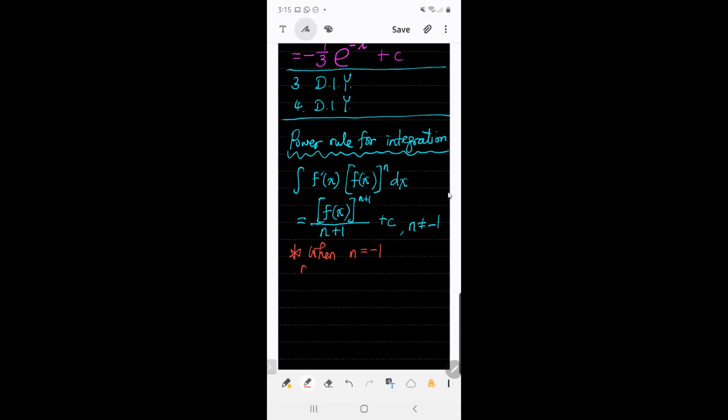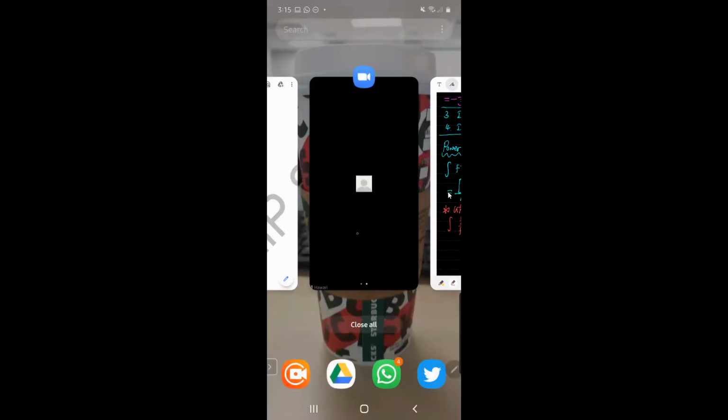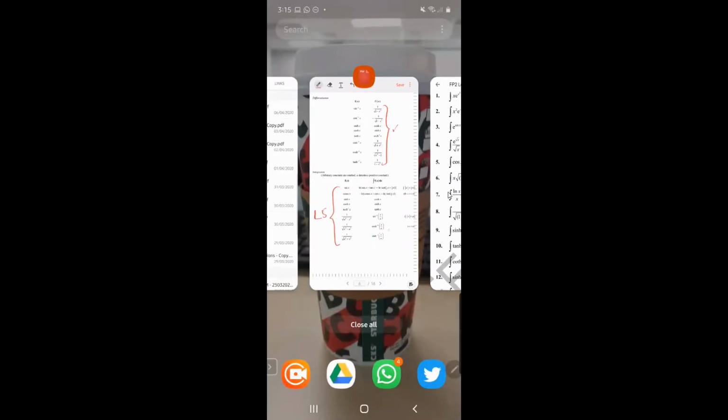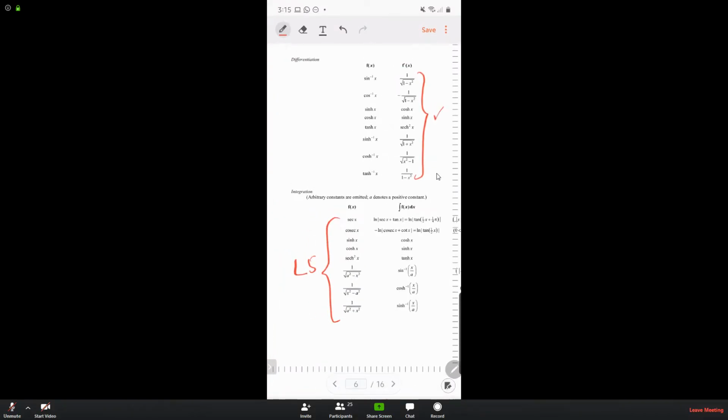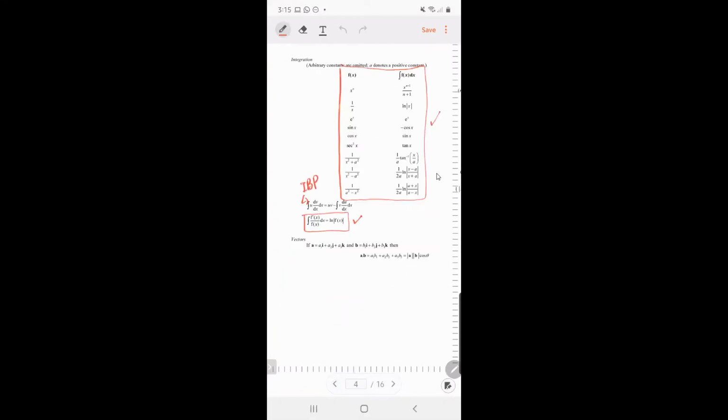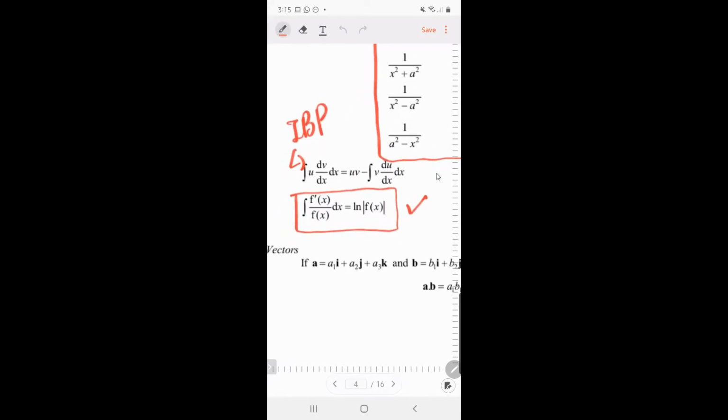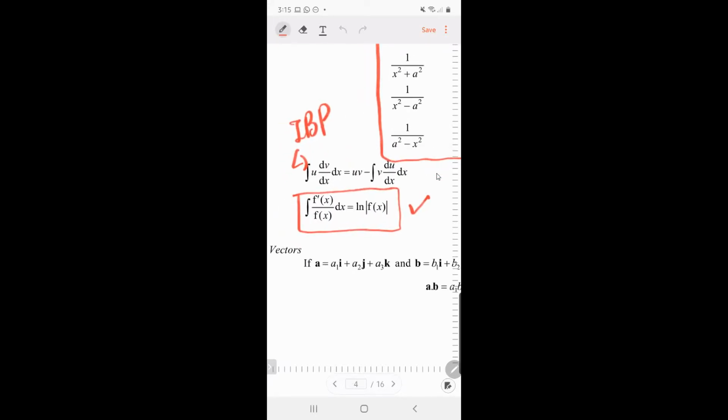Because when n is equal to negative 1, that would mean you have f prime of x divided by f of x dx. According to the formula list MF19 that we had earlier, you can go back to page 4. So this is the formula. When you have f prime over f, this is actually P3. So you have ln f of x.